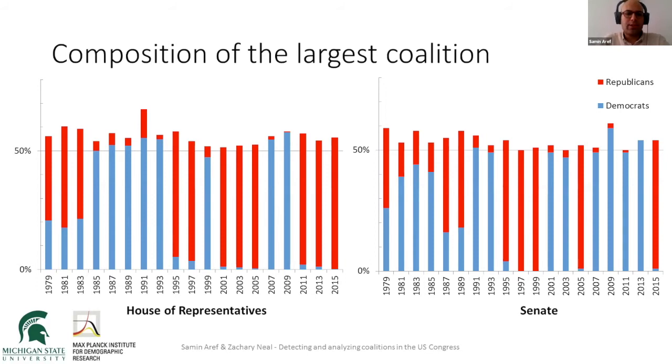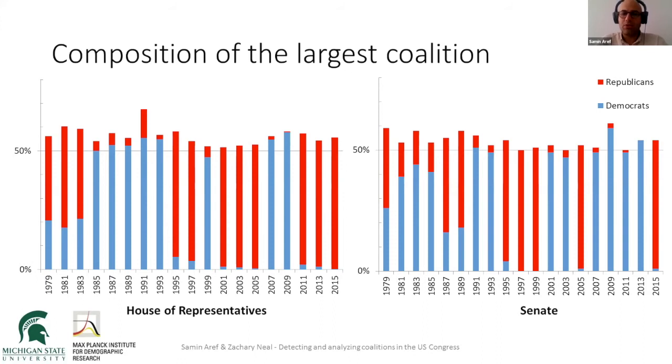And as you can see, back in late 70s and early 80s, these coalitions had both Democrats and Republicans together in the same group. But then in more recent years, you see that these coalitions are mostly made up of Democrats or mostly made up of Republicans, because the bars, as you can see, are mostly red or mostly blue.